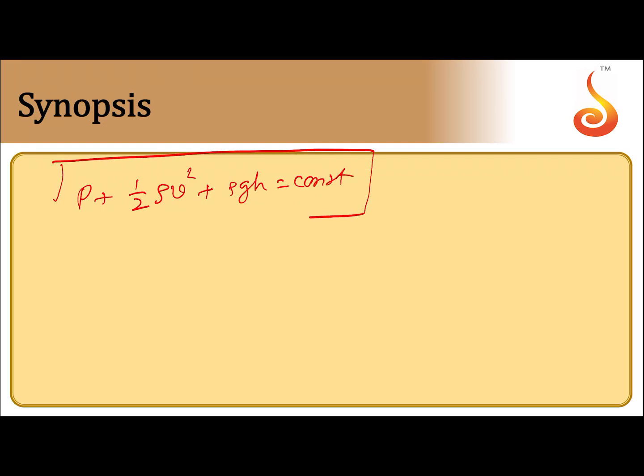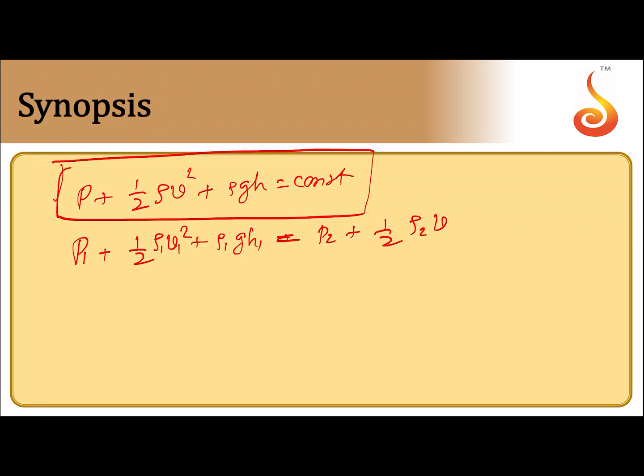This is what is known as Bernoulli's theorem. Many times this is written as P1 plus half rho 1 V1 square plus rho 1 GH1 is equal to P2 plus half rho 2 V2 square plus rho 2 GH2. This is constant.